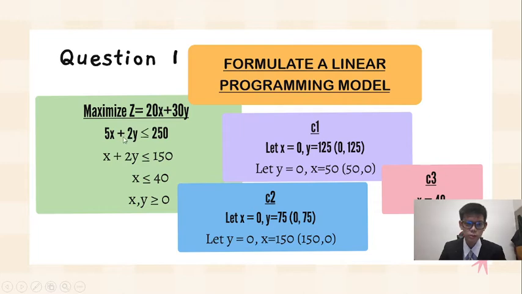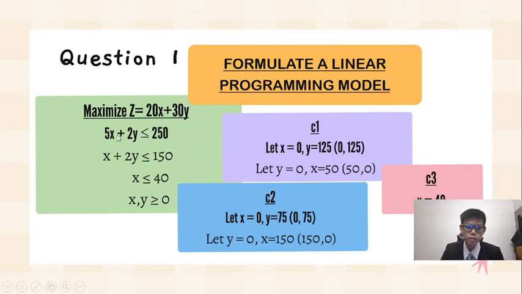Before that, x represents our labor and y represents our acres of land. So right now we create 3 constraints.